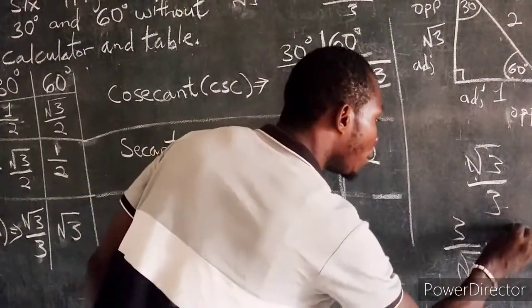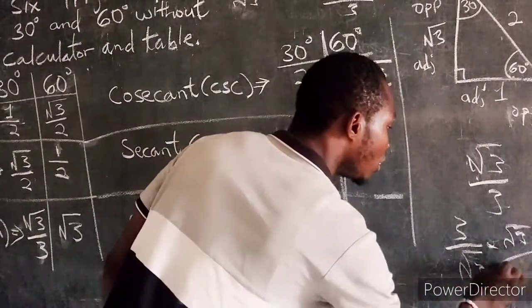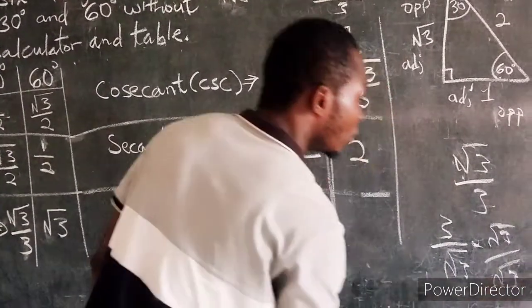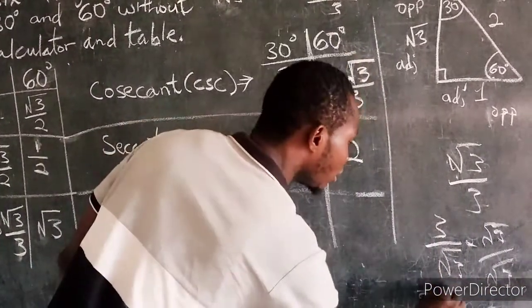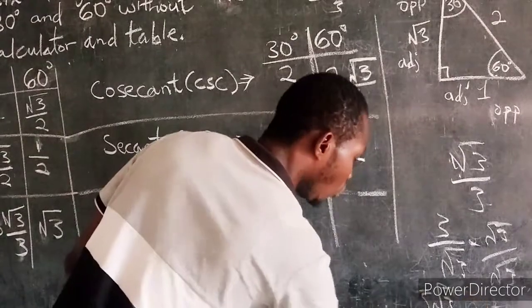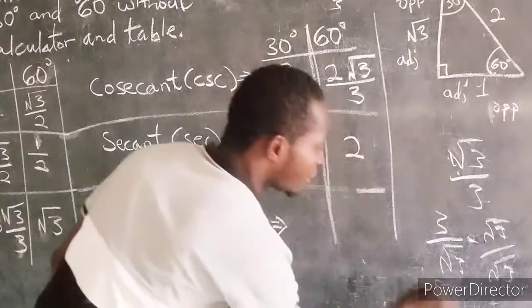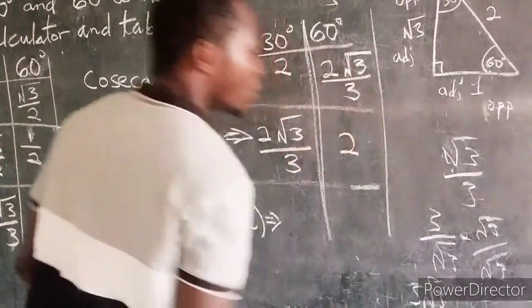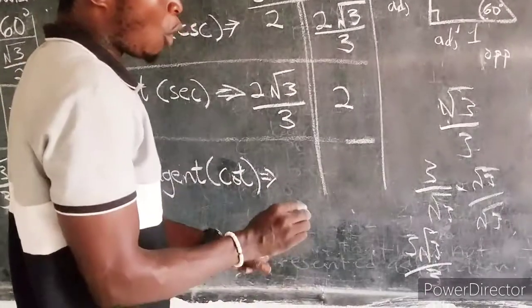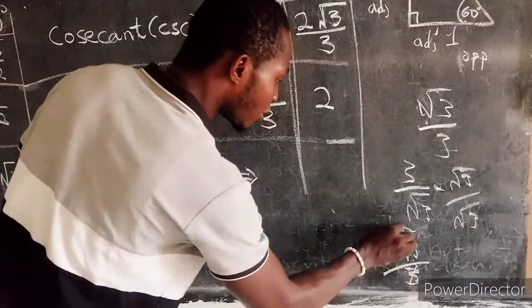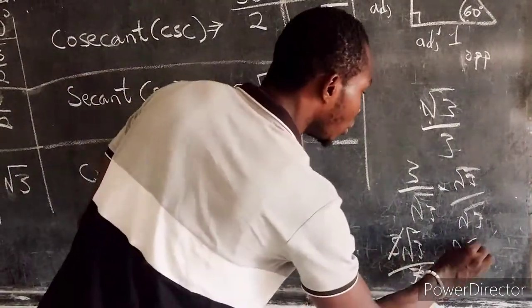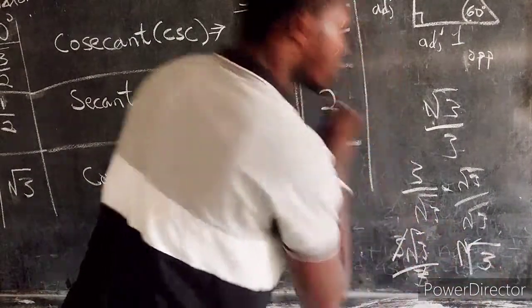So we multiply both sides by the root of 3. So this will be 3 the square root of 3 all over 3. This 3 can cancel out the 3, so we are just left with the root of 3.